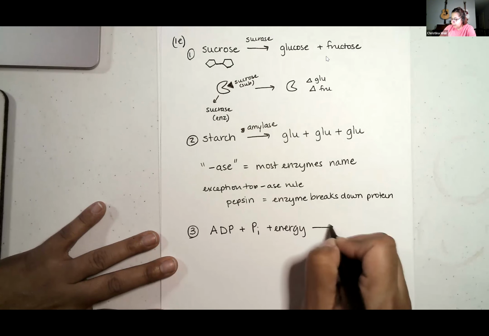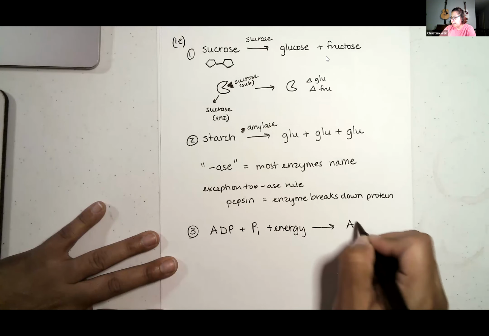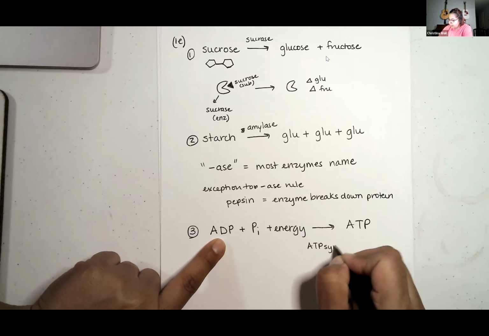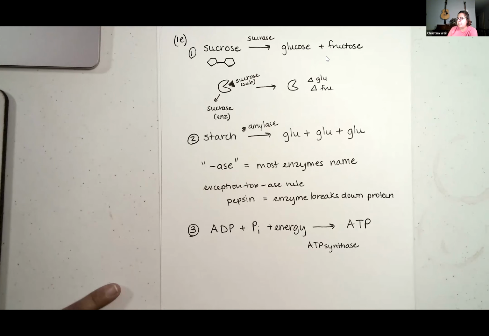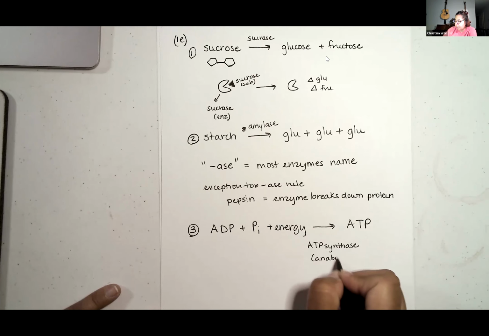Well, in order to build ATP, there's an enzyme which takes the available energy and sticks these two together. The enzyme which does the process of building ATP is called ATP synthase. That's an example of not a digestive enzyme, but a building enzyme, an anabolic enzyme.